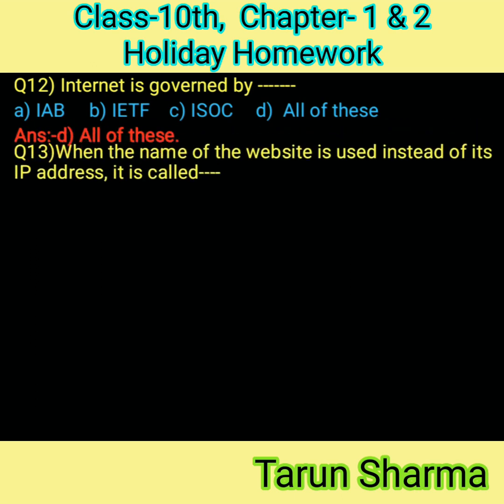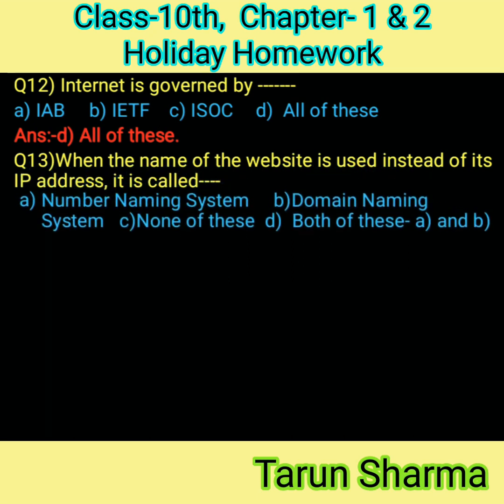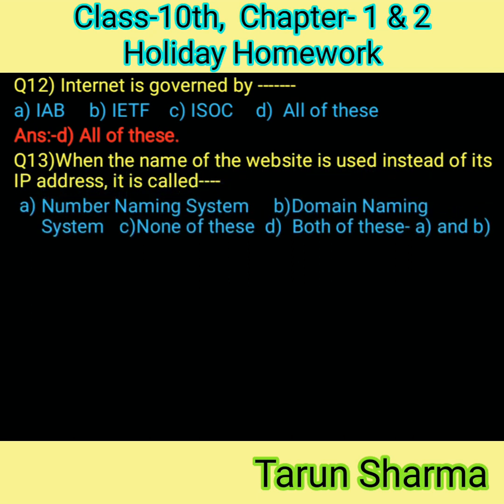Next question 13: when the name of the website is used instead of its IP address, it is called option A number naming system, option B domain naming system, option C none of these, and option D both A and B. The answer is B, domain naming system.